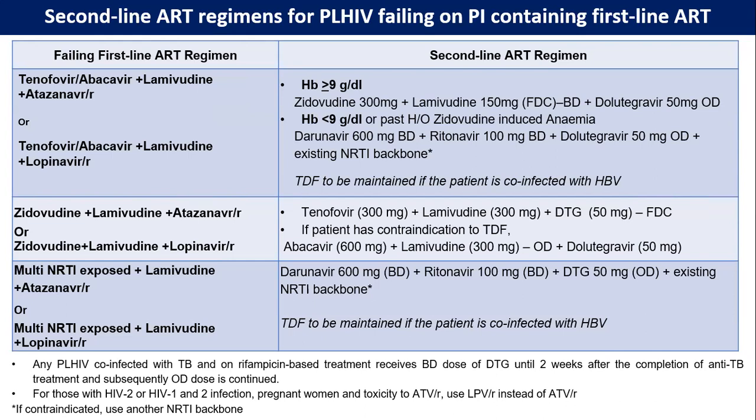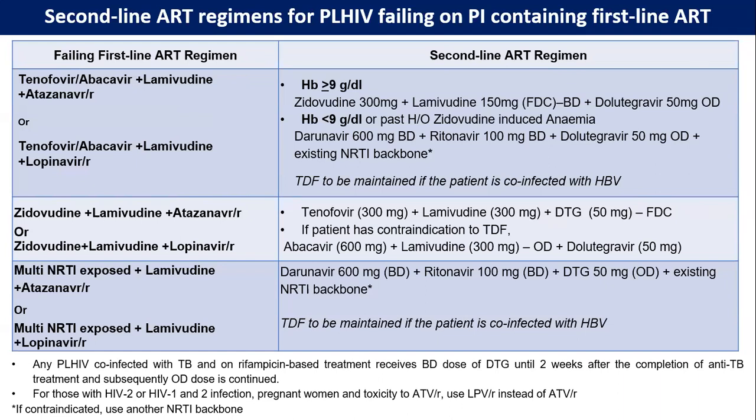For patients on zidovudine, lamivudine, atazanavir, ritonavir, or zidovudine, lamivudine, lopinavir, ritonavir, the choice of second line should be tenofovir, lamivudine plus dolutegravir. If the patient is contraindicated for tenofovir, for example if the patient has CKD, then we are going for abacavir, lamivudine plus dolutegravir.